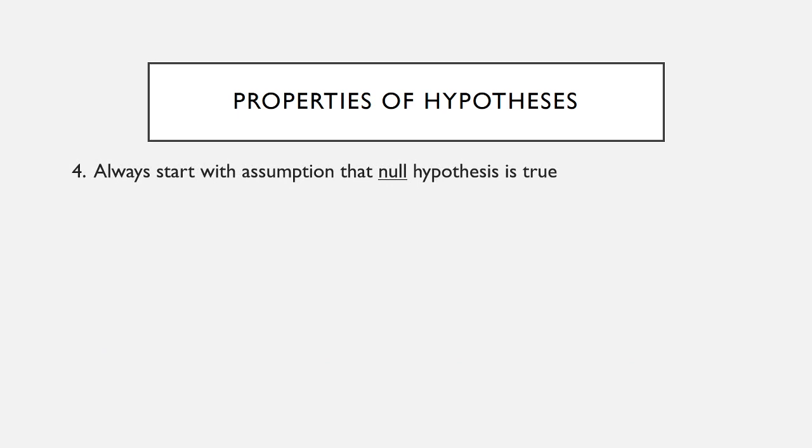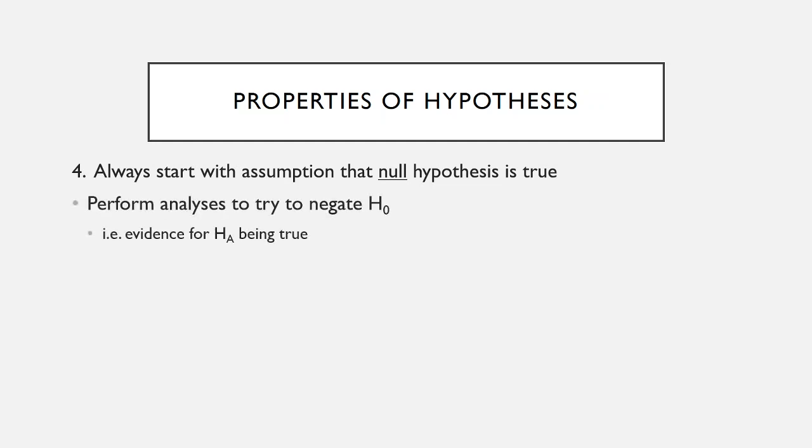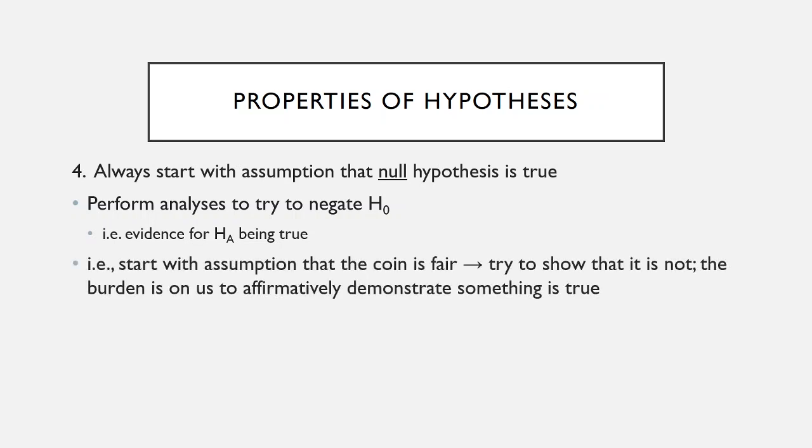One thing that's important, and part of the reason why we craft a null hypothesis, is that we always want to start with the assumption that the null hypothesis is true, and the burden must be on us to perform analyses that attempt to negate the veracity of the null hypothesis. Basically, until you have evidence supporting that you have found a relationship between variables, you want to assume that there's nothing there, and wait for the evidence to help you confirm the alternative hypothesis.